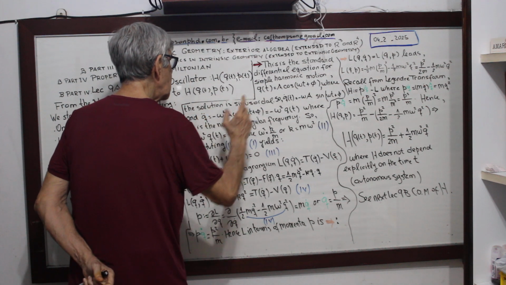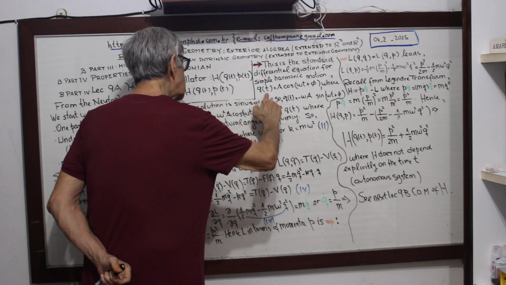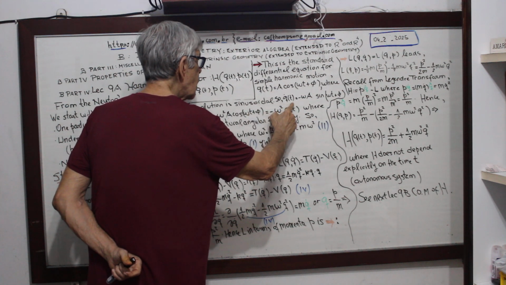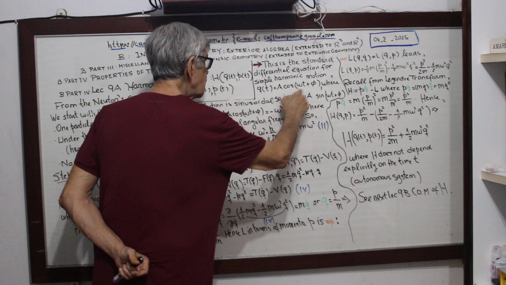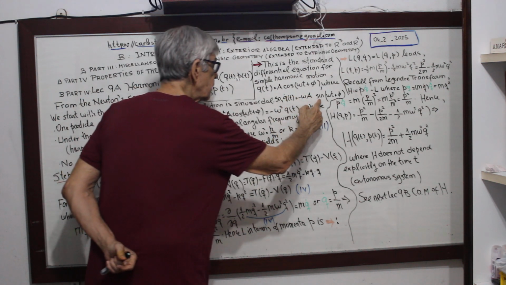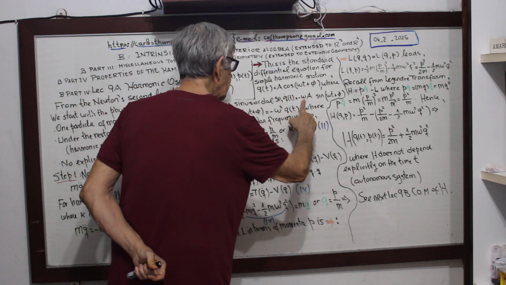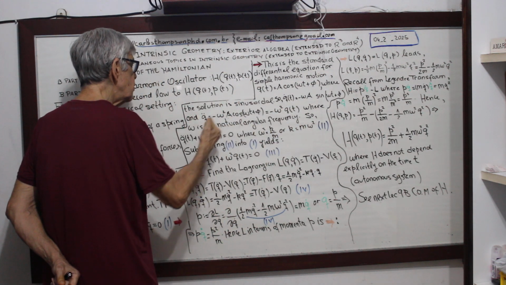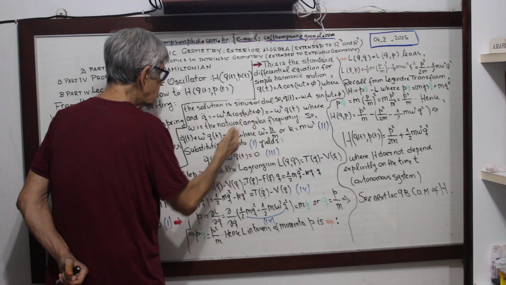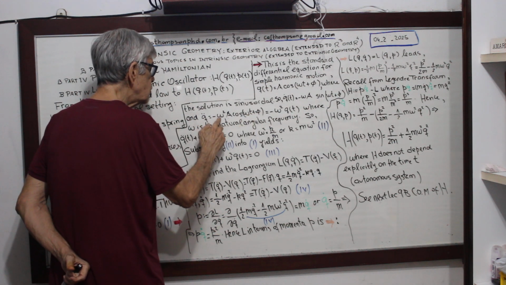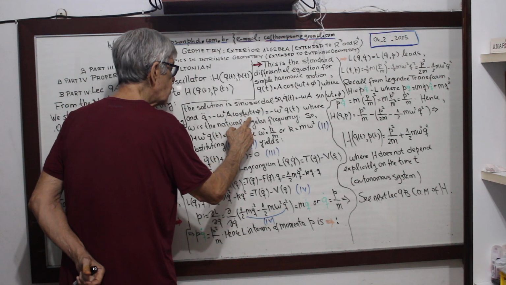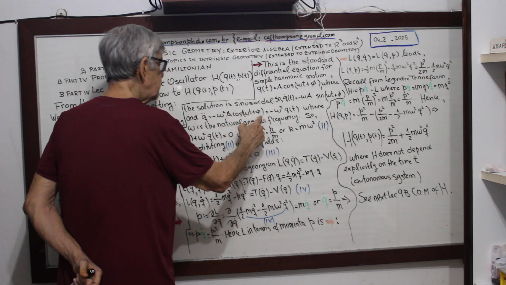Now, just take the first derivative. Then q dot is minus, because the derivative of cosine is minus sine, times omega. Again, the second derivative is equal to minus omega squared A cosine of omega t plus phi.